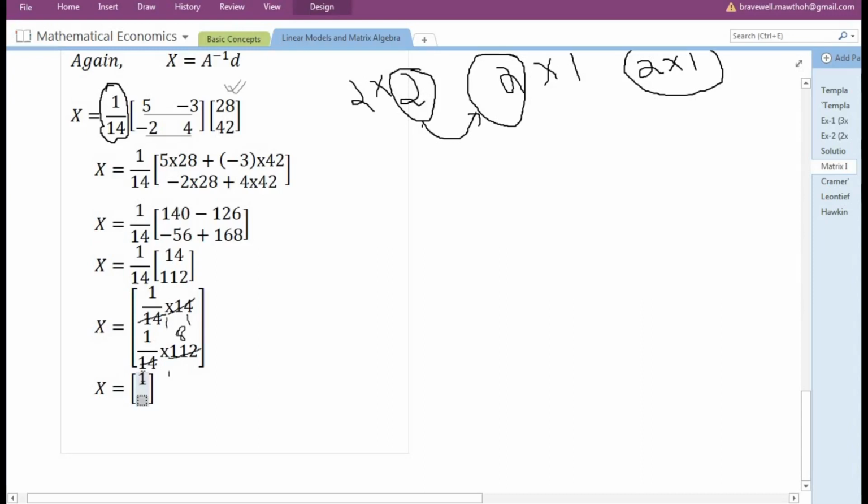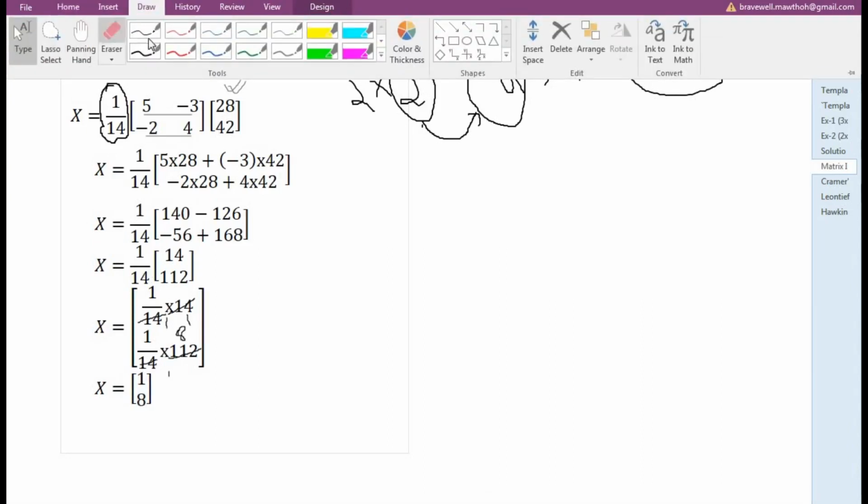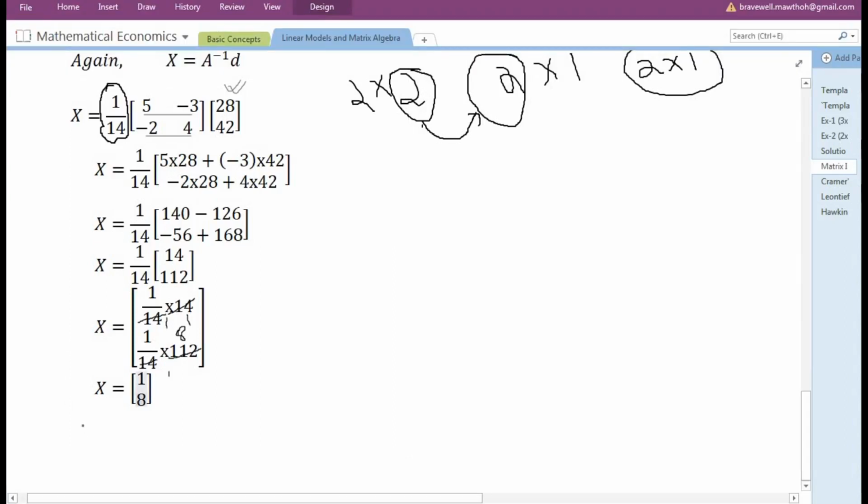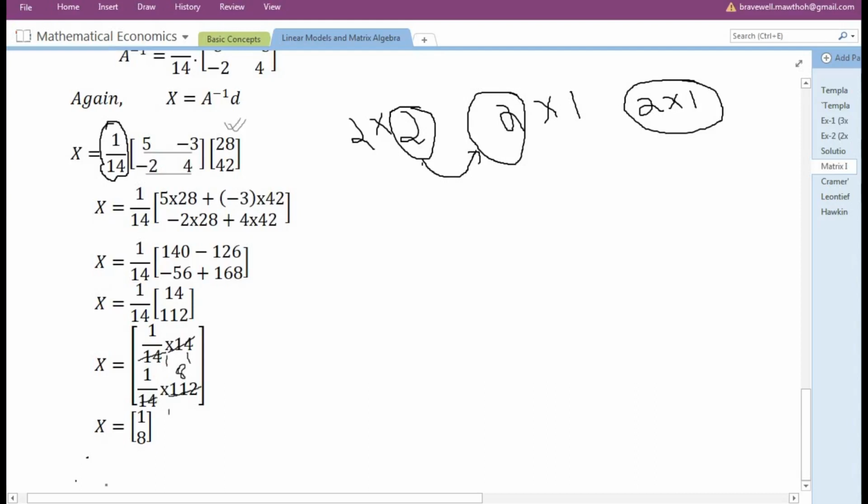So I'll get 1 here and 8. So this is our answer. Finally, you will write down, therefore, x is equal to 1 and y is equal to 8.